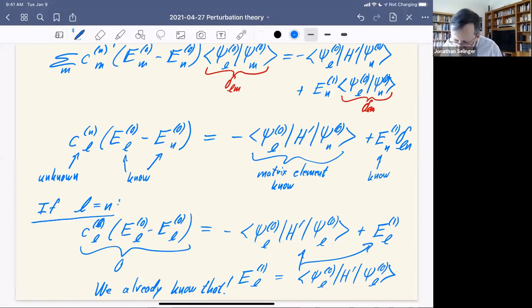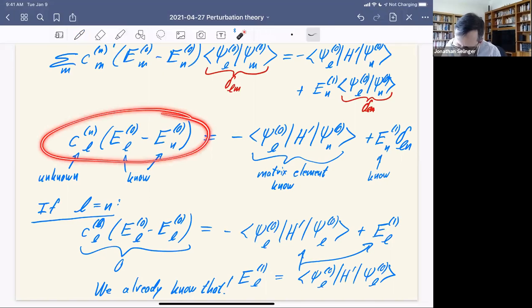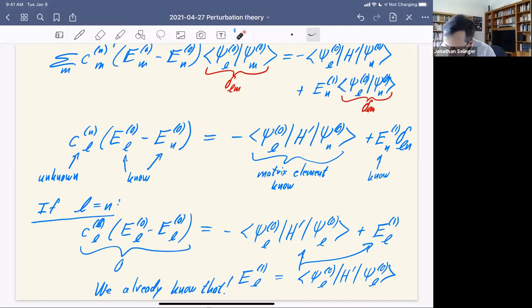Now we have this relation. On the left, we have this quantity. On the right, we have this matrix element, and then here's a Kronecker delta term, but if L is not equal to N, then this thing is 0. So I can just copy and paste the equation without the Kronecker delta.